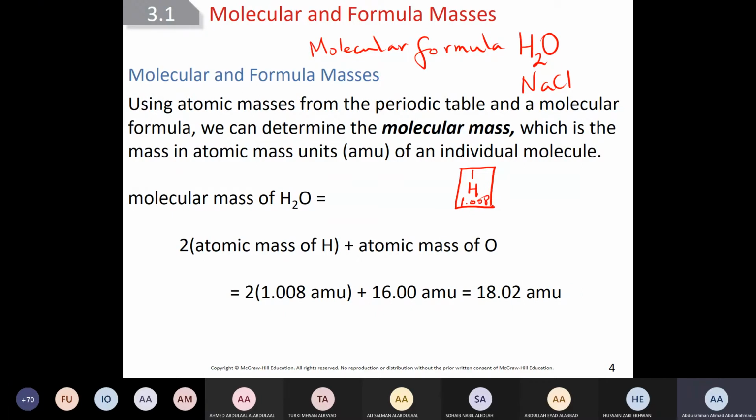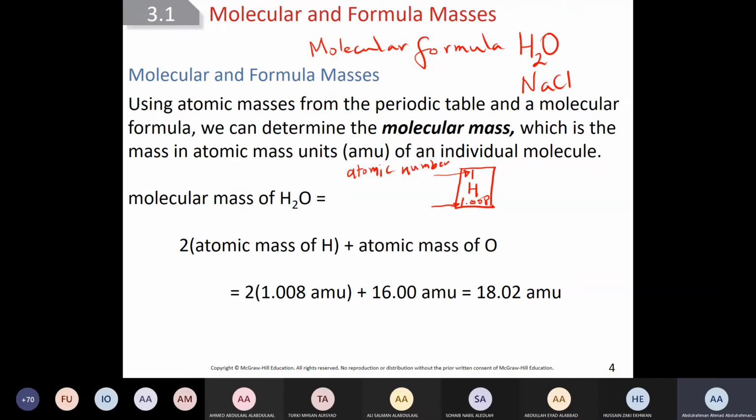What is this number? Atomic number. You have to know this.